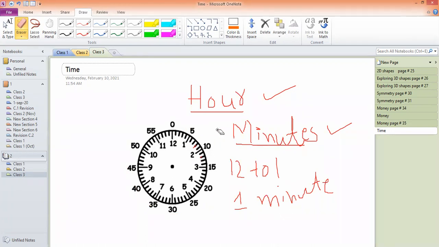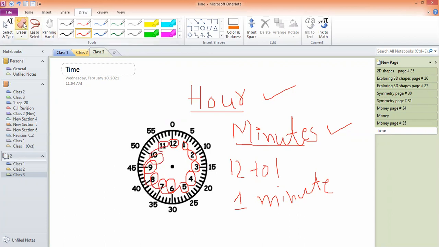I discussed with you the 2 important things you should know if you want to read the time. What are the 2 important things? The 2 important things are hours and minutes. What is representing hours? I am going to show you: 12, 1, 2, 3, 4, 5, 6, 7, 8, 9, 10, and 11.